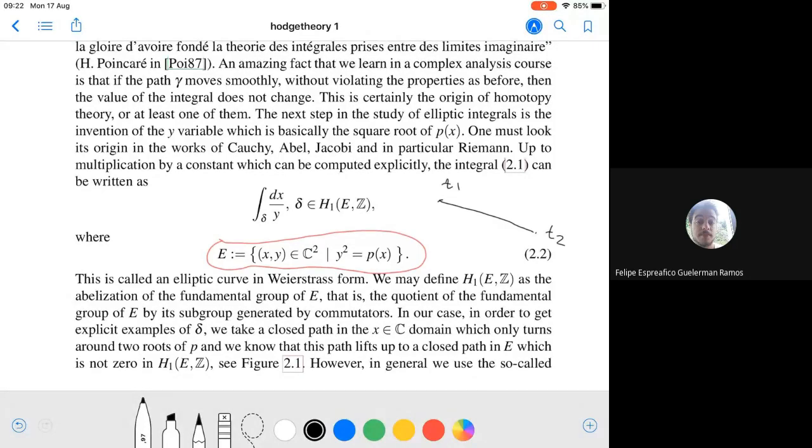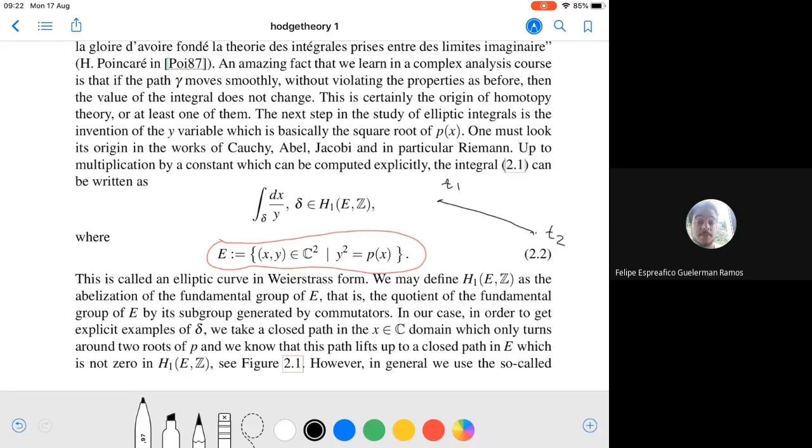Okay, and some replacement again, which was mainly done by Riemann. The idea was that T1, T2 are a kind of poles or infinity points of our integrand.